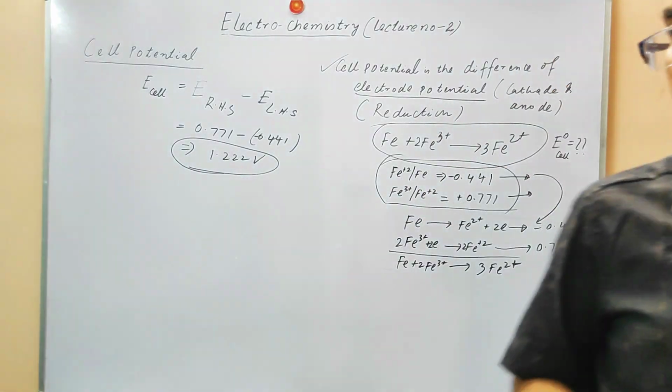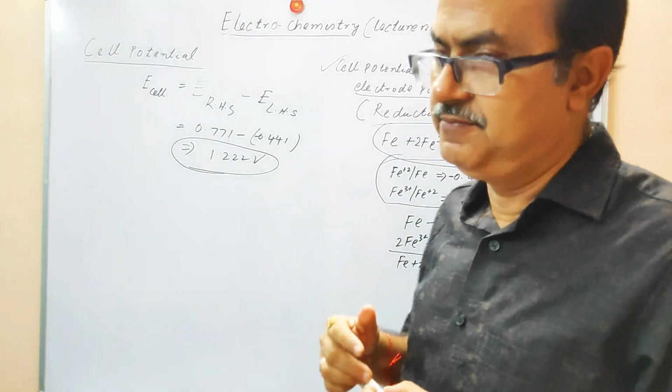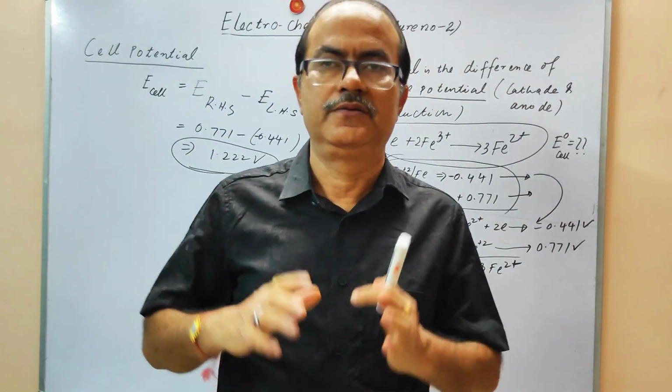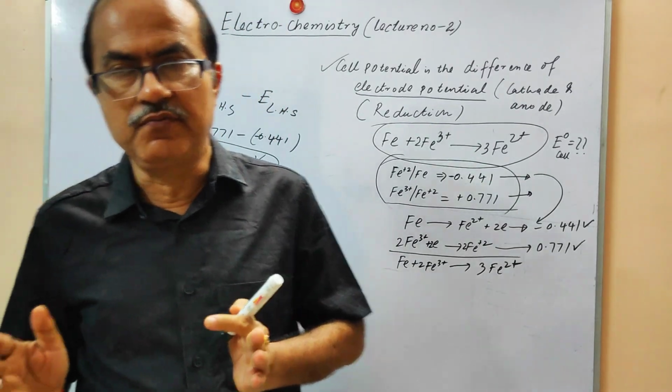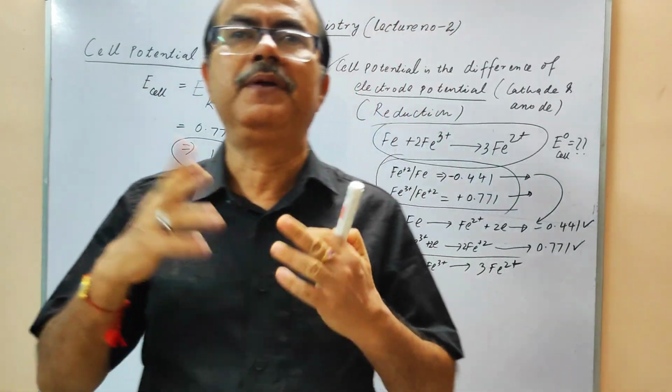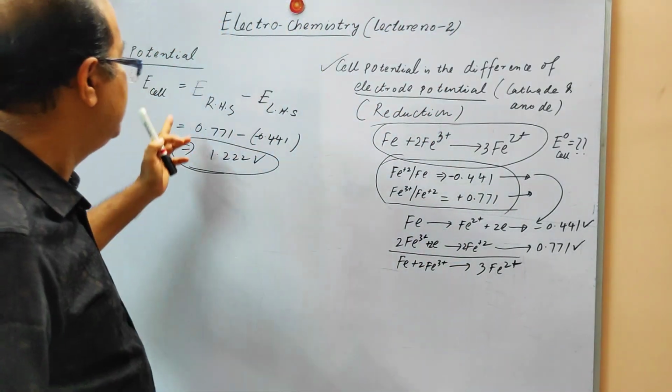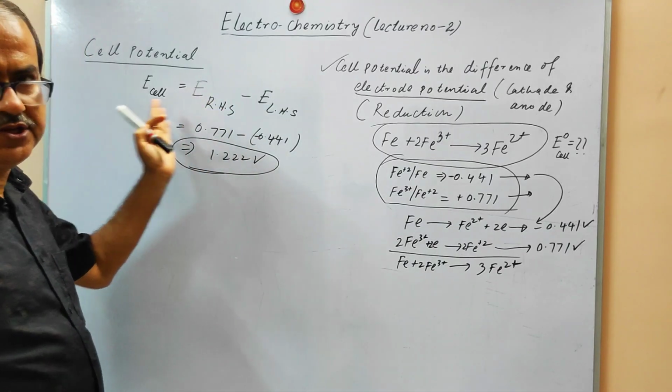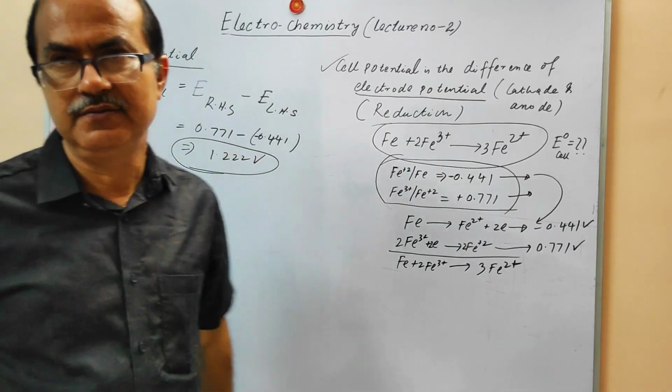For that, we have to first make this. From this reaction we have to produce the cell, and with this formula we will get this voltage.